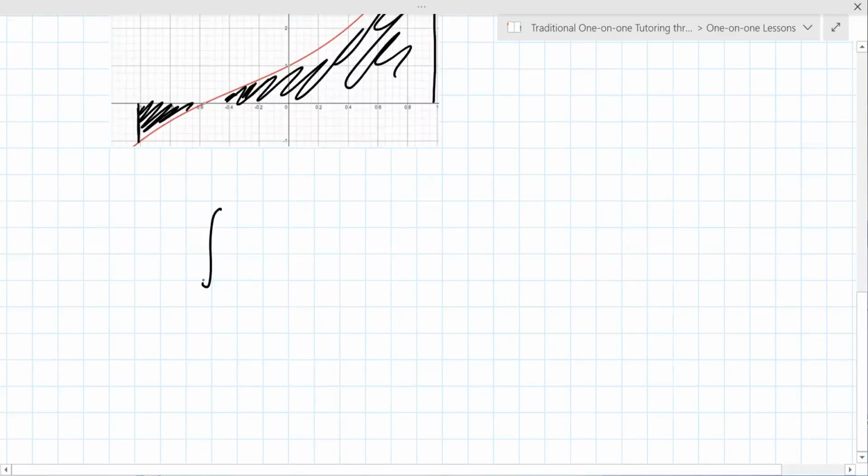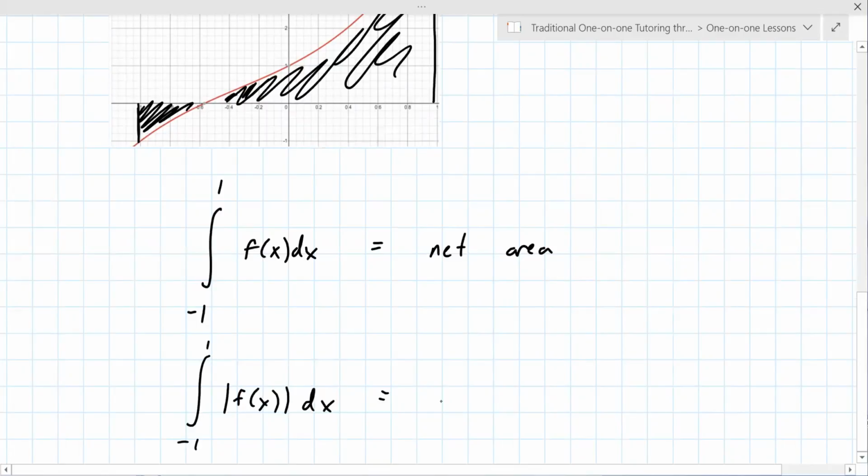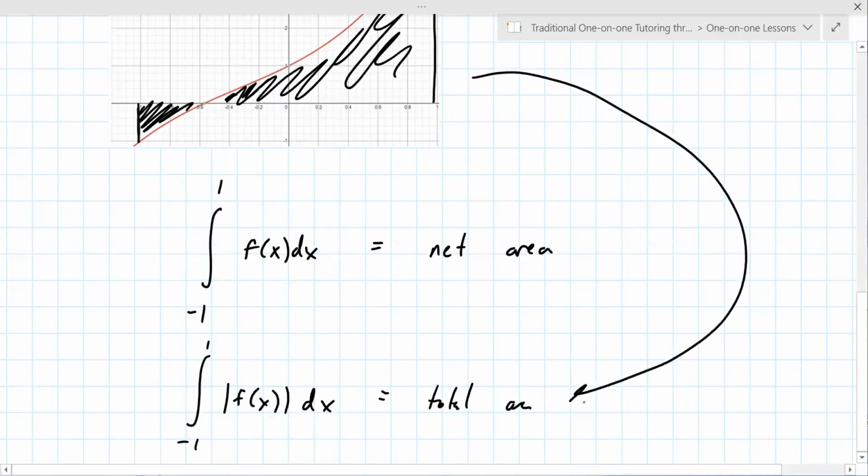If we do the integral from -1 to 1 of f of x dx, this gives us the net area. But if we do the integral from -1 to 1 of absolute value f of x dx, this gives us the total area. And for this problem, you want the second one.